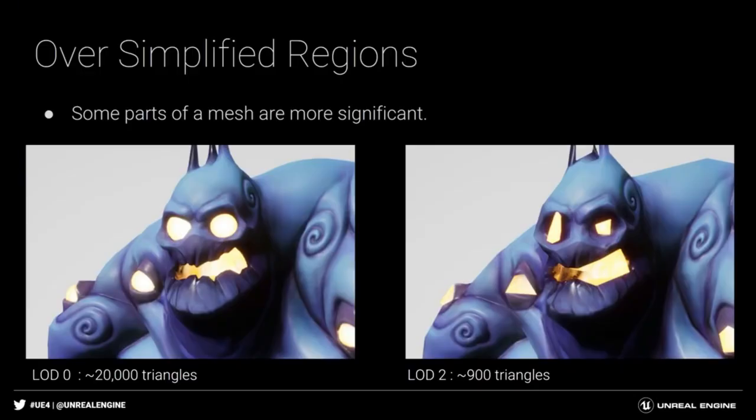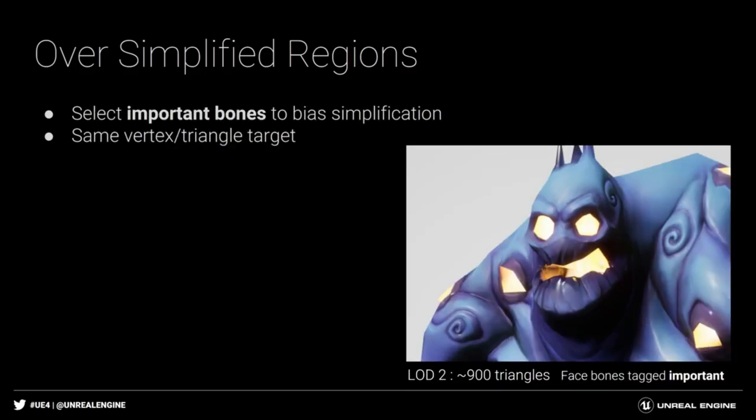vertices. This might look similar when you're trying to generate a very low LOD with a very, very low number of triangles. You might notice that you're starting to lose specific characteristics of your characters. In this case, the eyes start to fall apart. To address that, you can define important bones, and that basically means that any vertex that is weighted to this bone, you will be able to bias the amount of reduction that is performed on it.